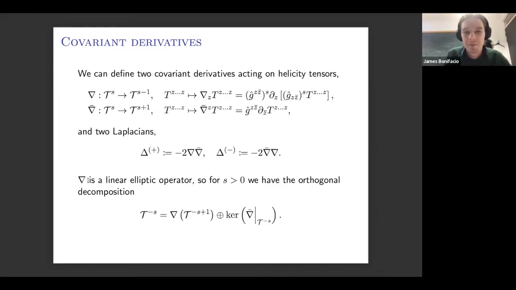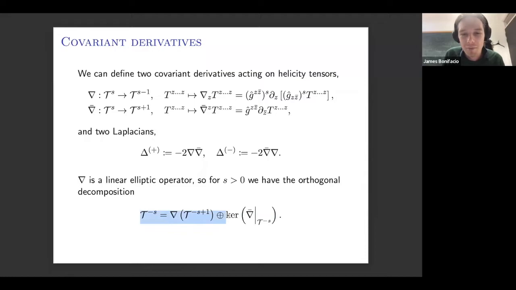So this operator nabla is a linear elliptic operator. So for s greater than 0, I can orthogonally decompose the space of helicity minus s tensors in terms of the image of this operator nabla plus the kernel of the adjoint, which is nabla bar. So this is just an orthogonal decomposition, which must exist because it's a linear elliptic operator.